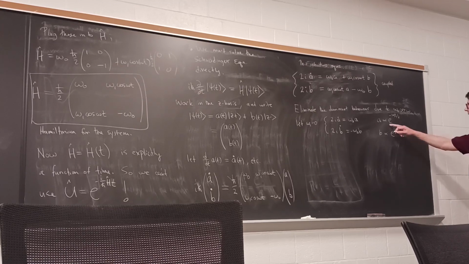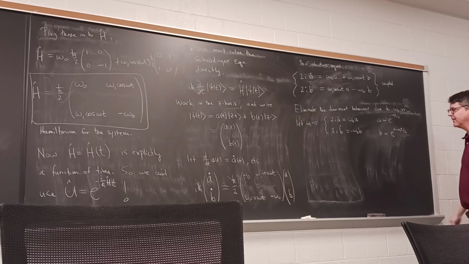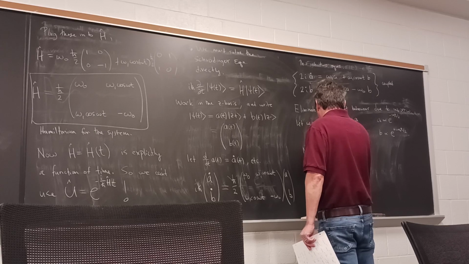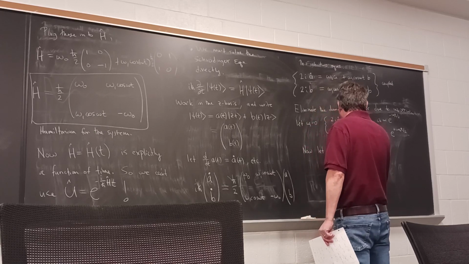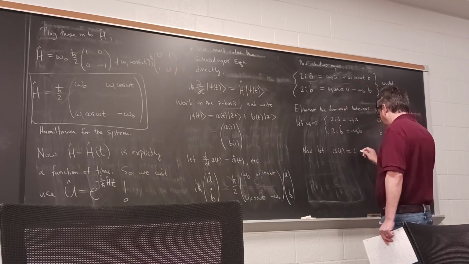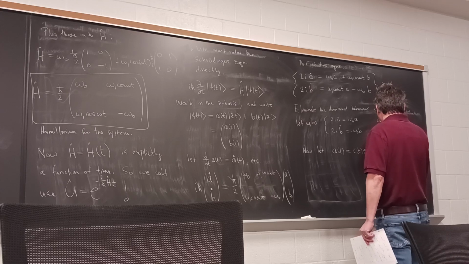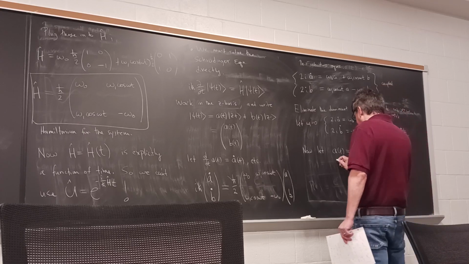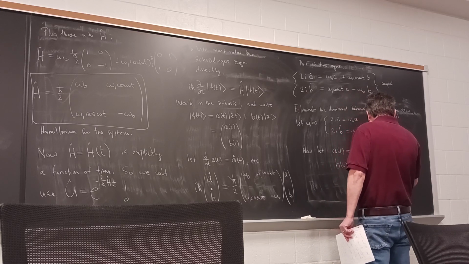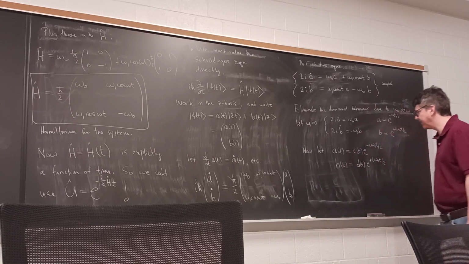Okay, so A and B are proportional to these things because omega naught is so large. So now let's redefine some things. Let A of t be equal to C of t e to the minus i omega 0 t over 2, and B of t equals D of t e to the plus i omega 0 t over 2.